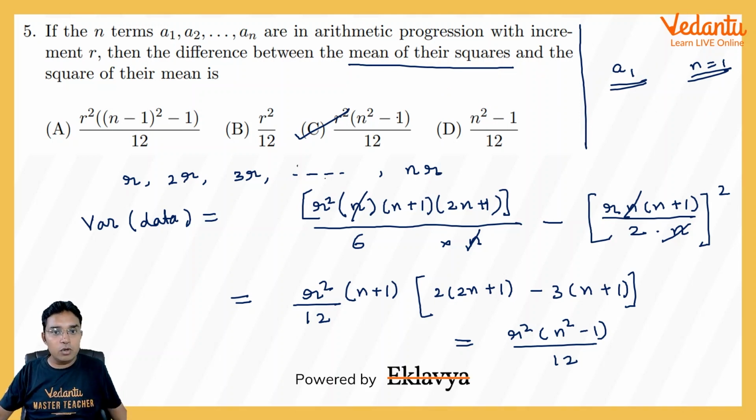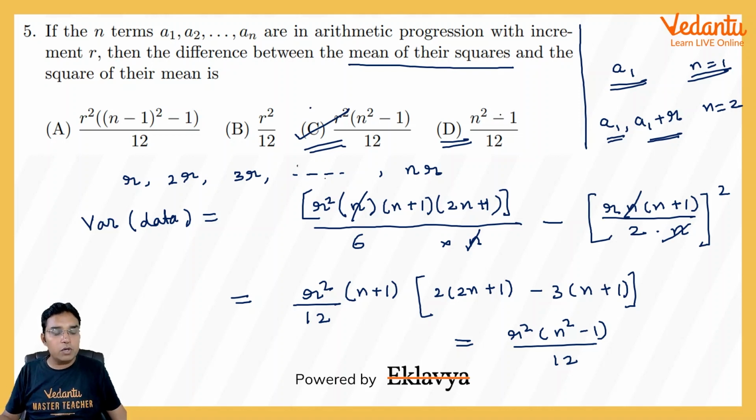For n equal to 1, if it is 0, the answer will be either C or D. If it is D, then it is independent of R. Now you can take n equal to 2, with A1 and A1 plus R, and do the calculation. You can check that it is dependent upon R, so answer will be C, not D.